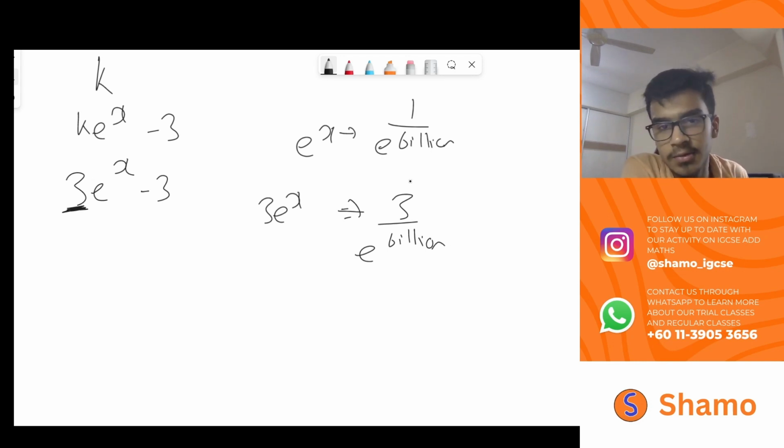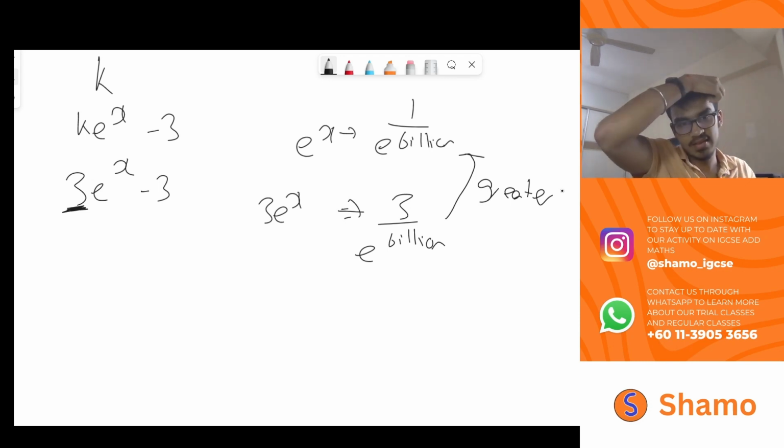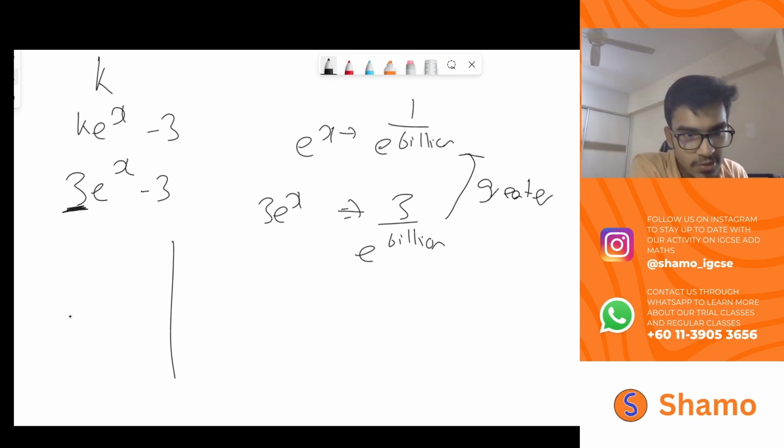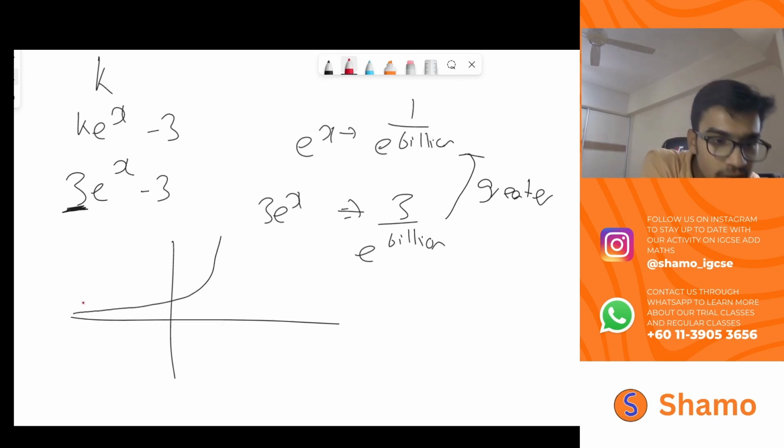But yes, now you might argue, yes, but this value is still greater. Yes, it's still greater. Suppose the black line is e power x. Suppose that a particular x value is over here. 3e power x will probably be somewhere here.